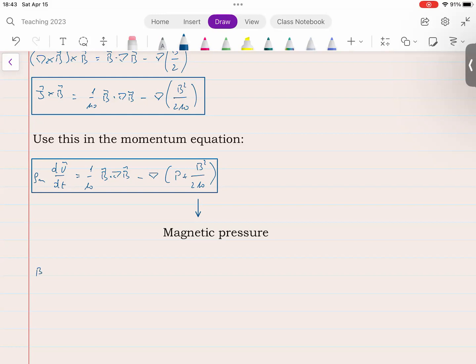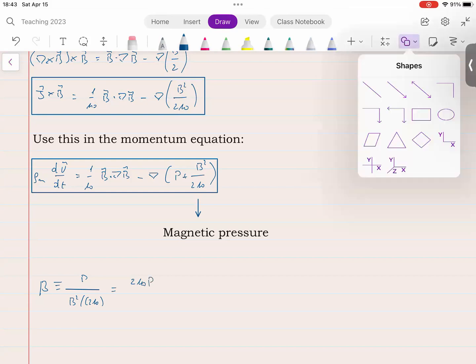The Greek letter beta, which is the pressure divided by b squared over 2 mu naught. This is a definition, and this is equal to obviously 2 mu naught p over b squared.